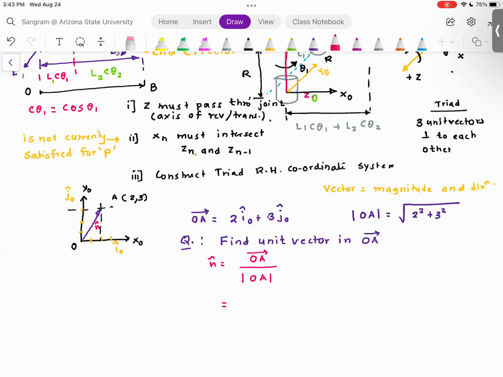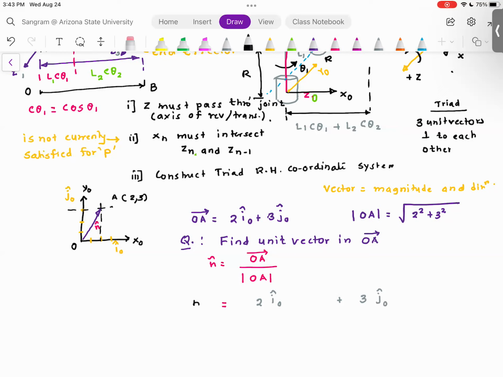All right. Now here comes the fun part. What I'm going to do is substitute the values. OA is, I'm going to write this slightly differently, 2 i0 plus 3 j0. Are you with me so far?